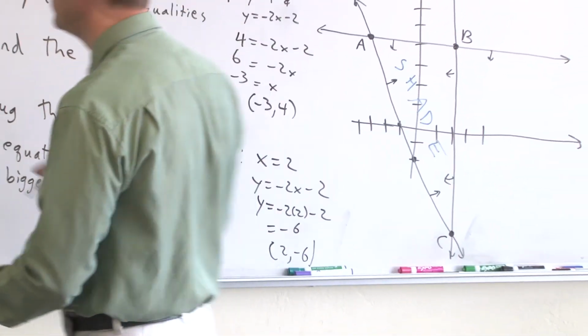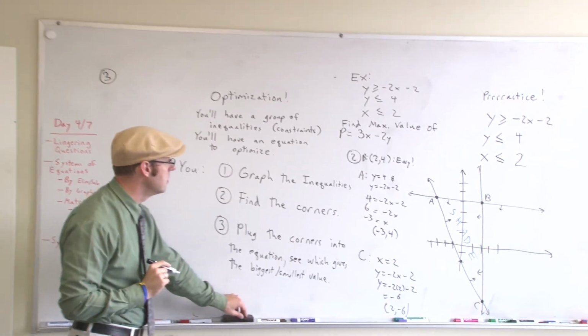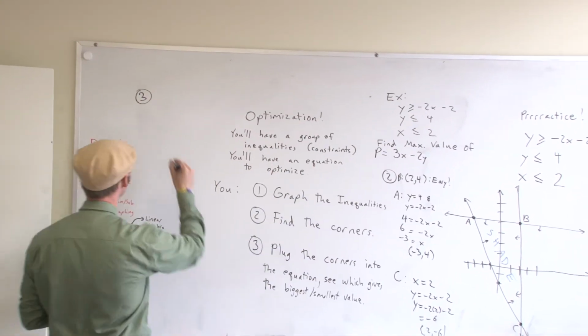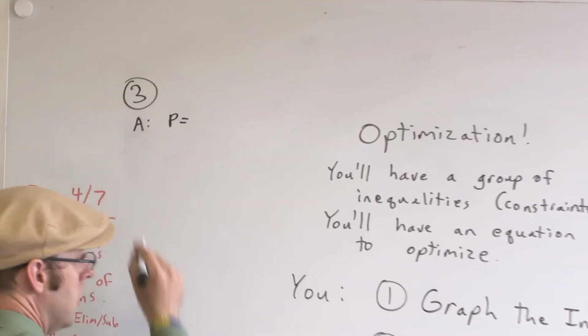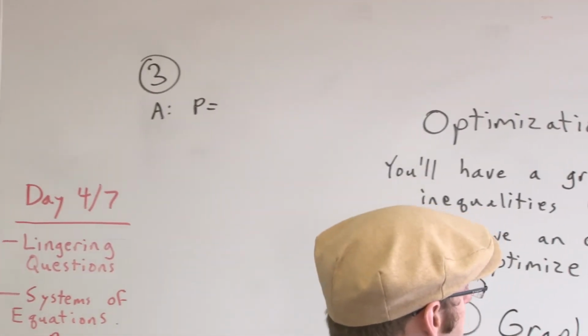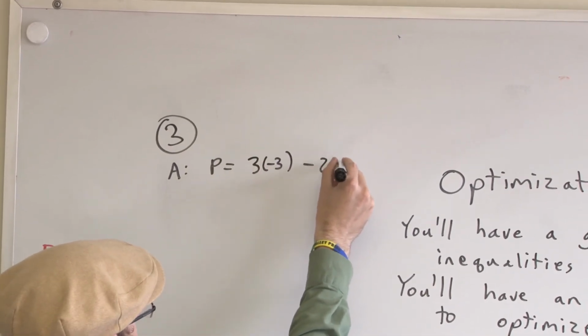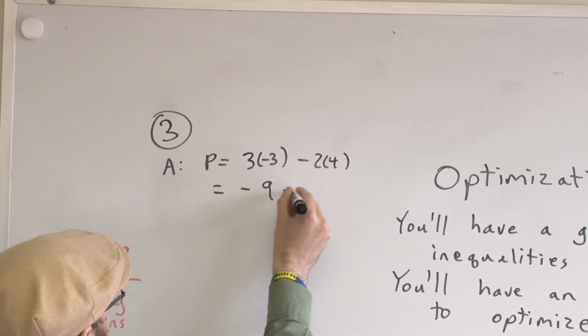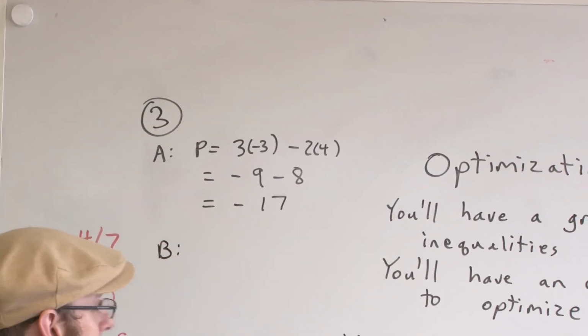So step 3, I'm going to plug each one of those into my profit equation. So point A was -3, 4. That gives -17.